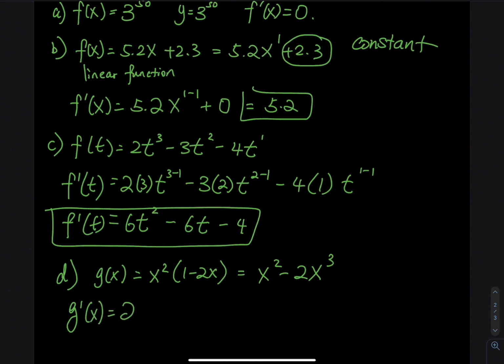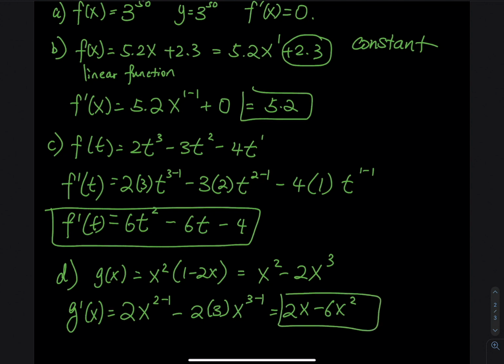You bring the 2 down, x to the 2 minus 1. Leave the 2 alone, bring the 3 down, x to the 3 minus 1. So you have 2x minus 6x squared. That is your g prime. What is g prime? G prime is the slope of g at any x value.